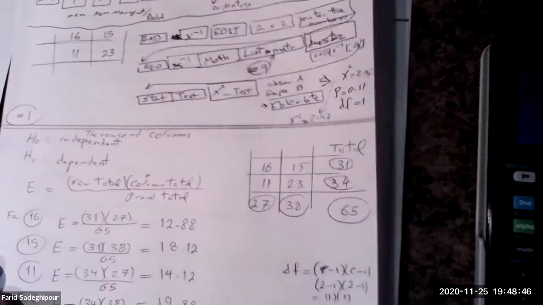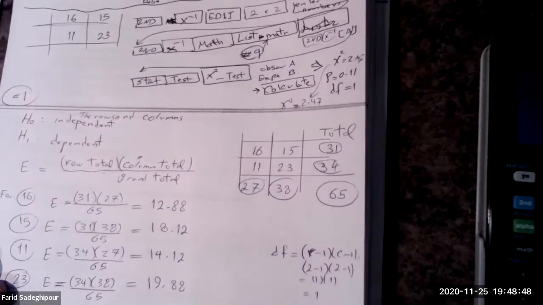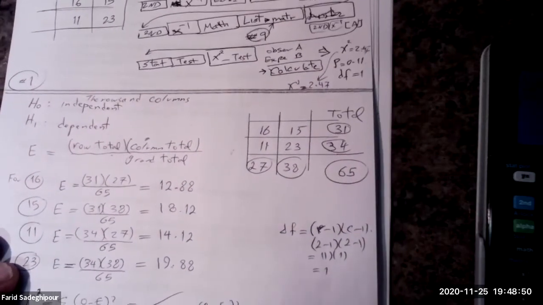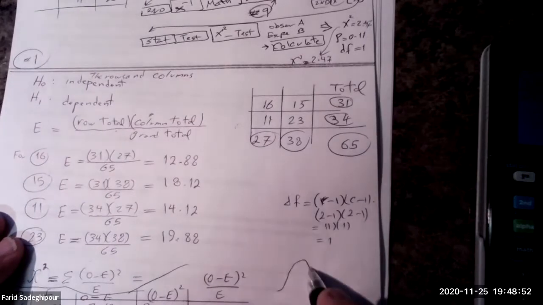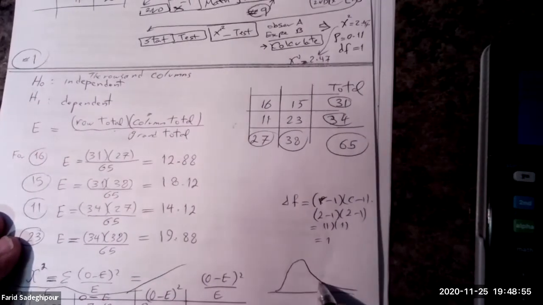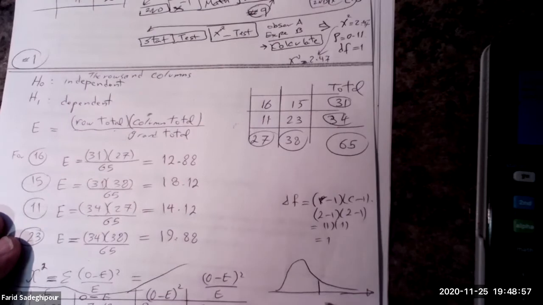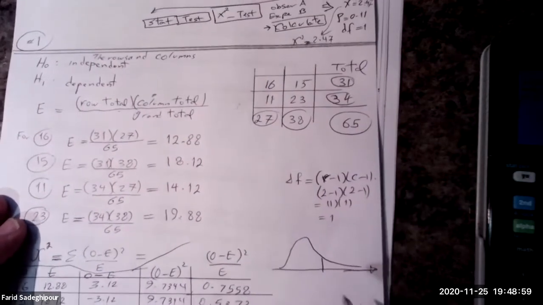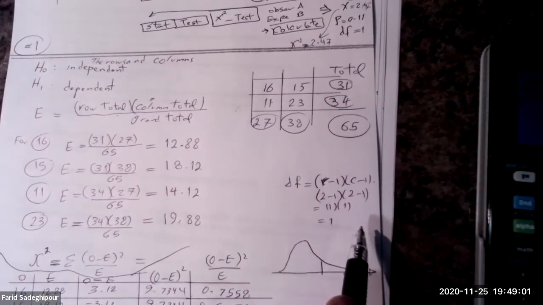Okay. And if you want to find your graph, DF is 1, and what was the alpha here?